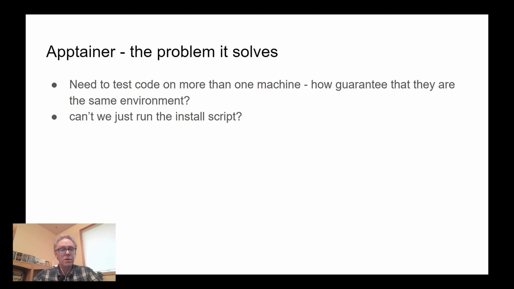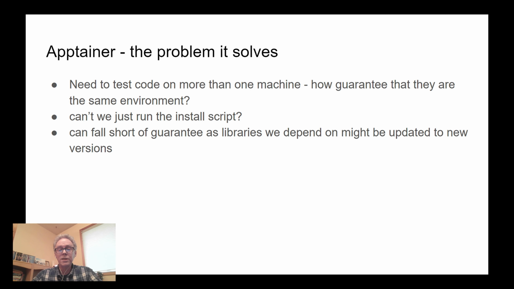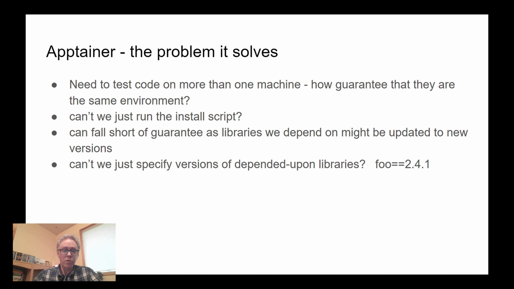Well, can't we just run an install script that, for example, reads the requirements.txt file? Well, you could do that, but it doesn't necessarily guarantee that the versions will be the same, because libraries we depend on might be updated to new versions. Well, you might counter with, we can just nail down those versions in our requirements.txt file by specifying we need this exact version.